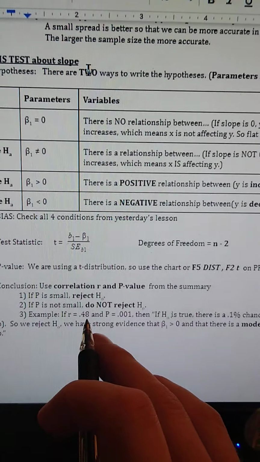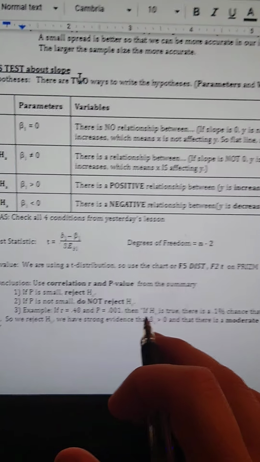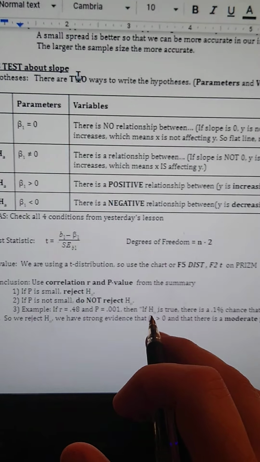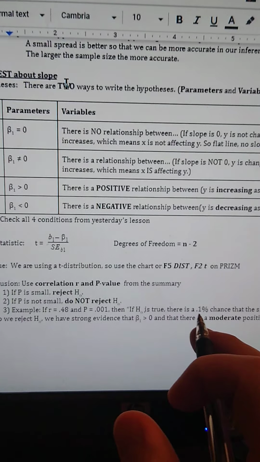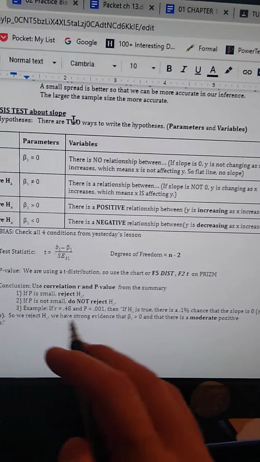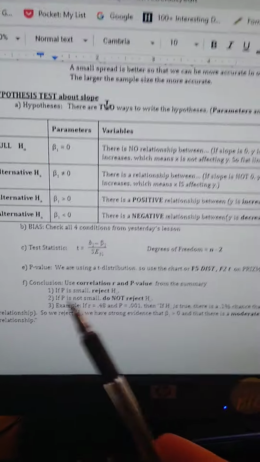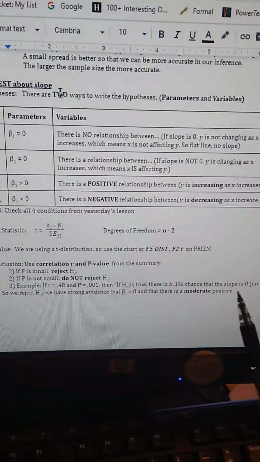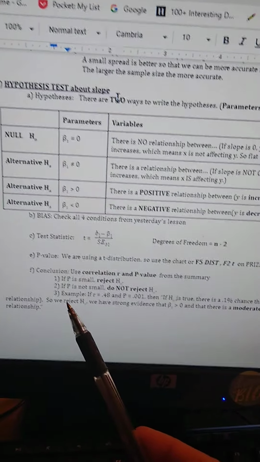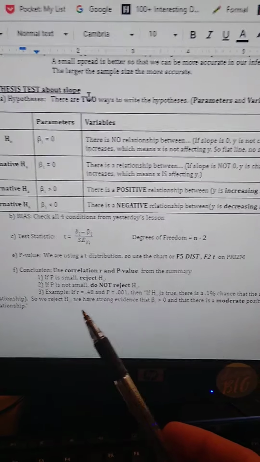So if you get an r value of 0.48, a p-value this low, and what we would say is if H sub 0 is true, there is a 0.1% chance that the slope is 0. So we reject. We're saying there is going to be a relationship because there's a small chance that there is no relationship. So we reject that since there's a small chance of it, and we're going to say we have evidence of a relationship.